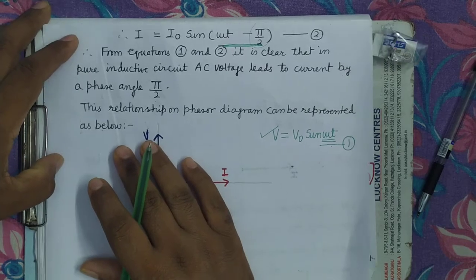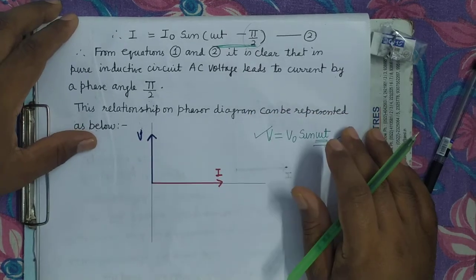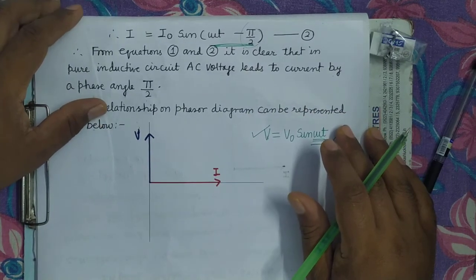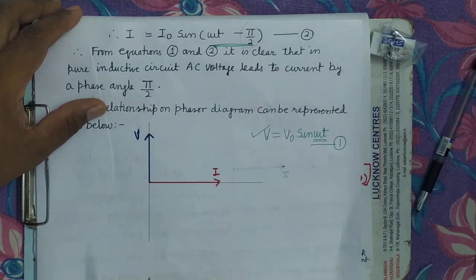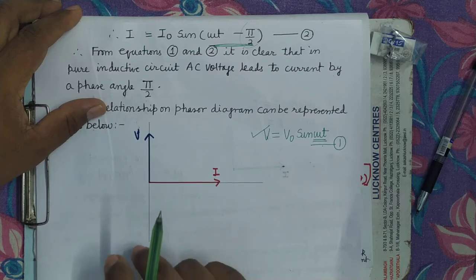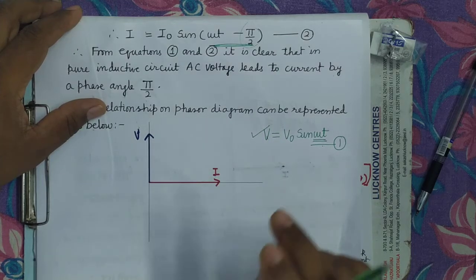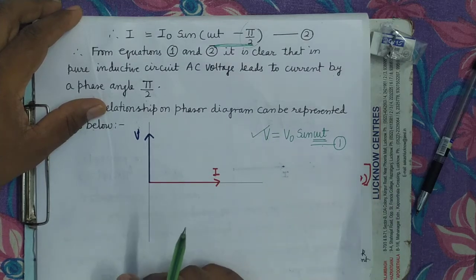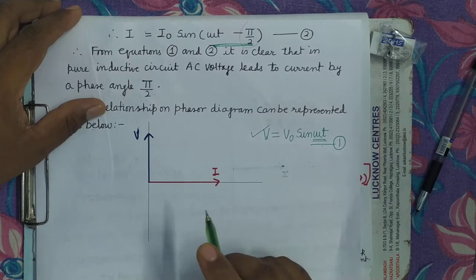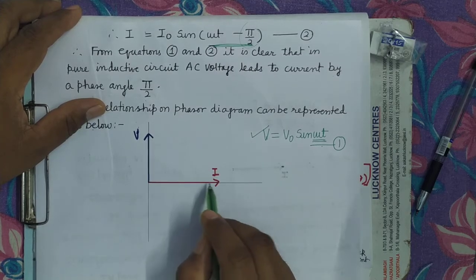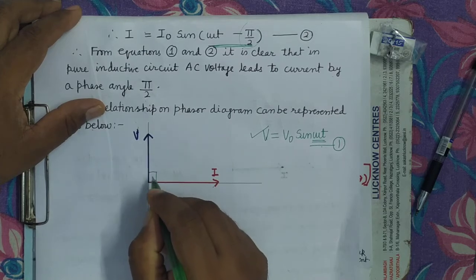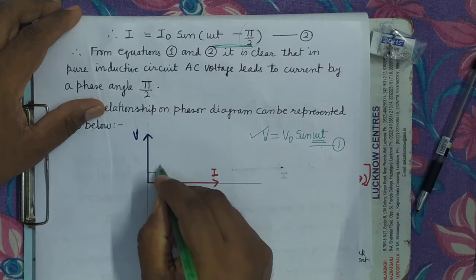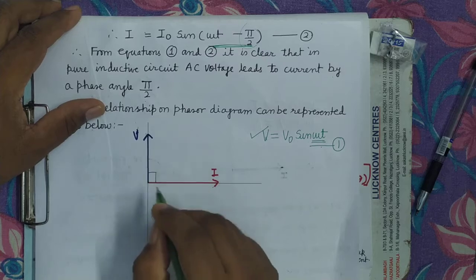How will you represent this phase relationship on the phasor diagram? Here voltage is leading, therefore the phasor of voltage will be ahead of the phasor of current. It's clear? So if you draw the phasor of current in this direction, then the phasor of voltage will be in this direction, because anti-clockwise direction is taken positive.